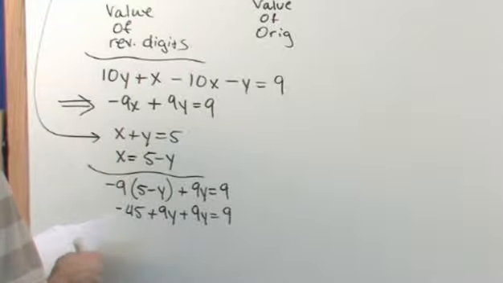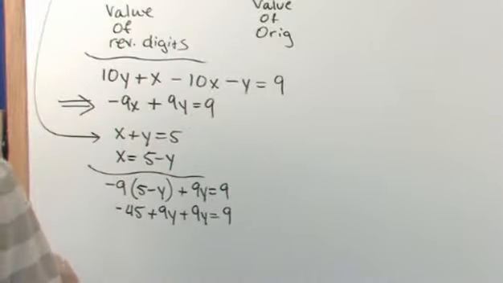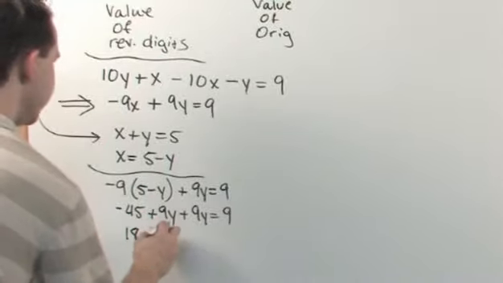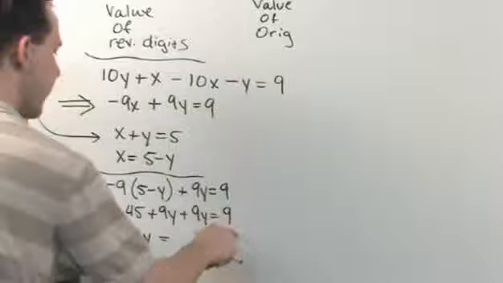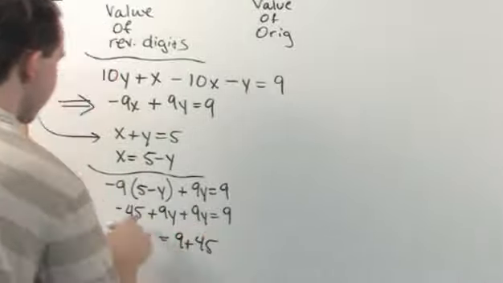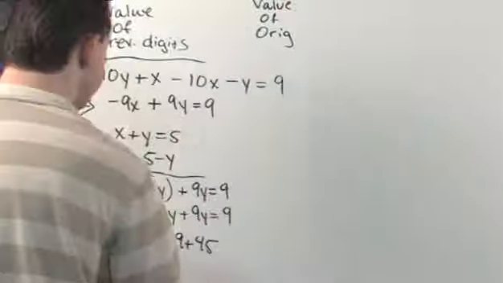Then on the left-hand side in terms of y, we're going to have 18y, because 9 plus 9 is 18. I said subtract, but what I mean to say is we're adding 45 to both sides.